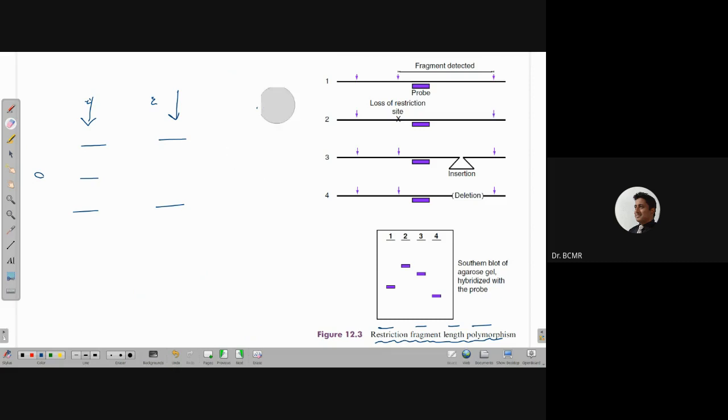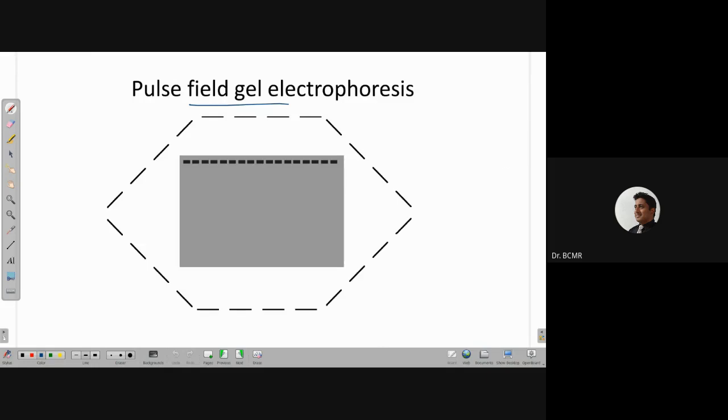So RFLP is usually used in association with Southern blotting. Southern blotting is a simple technique. We isolate the genomic DNA, then we cut it with restriction endonucleases, restriction digestion.